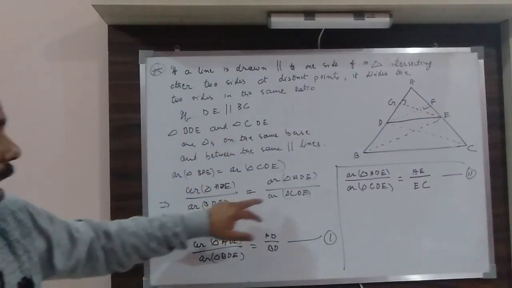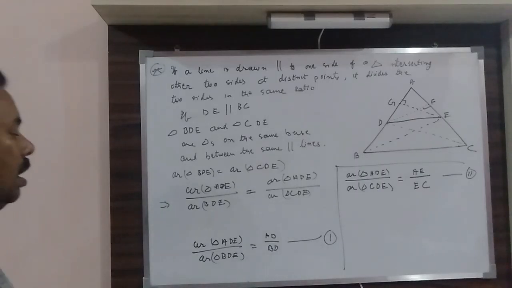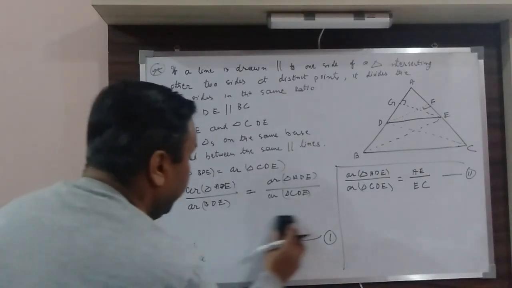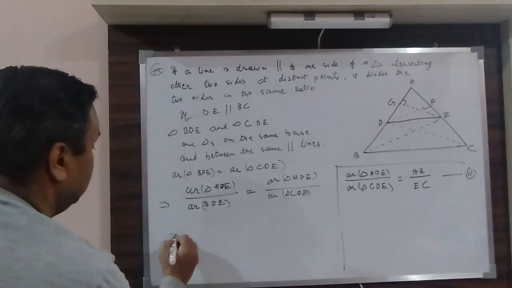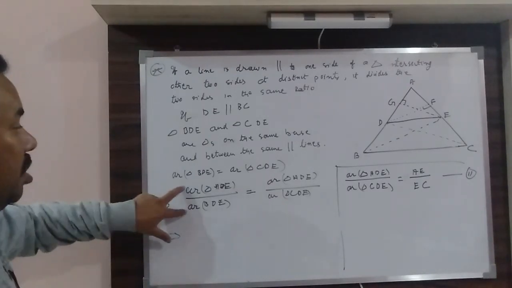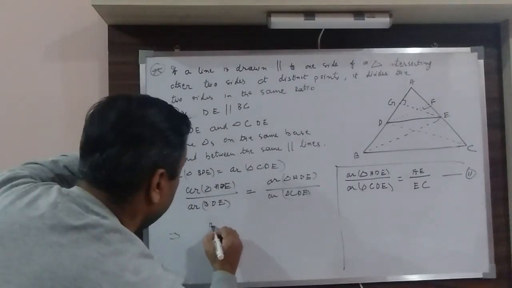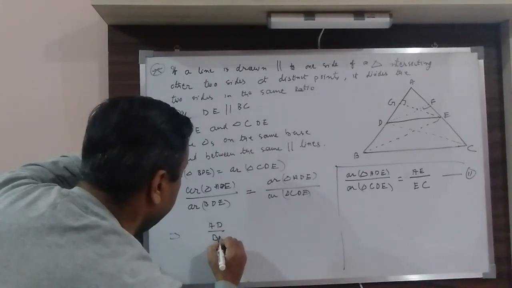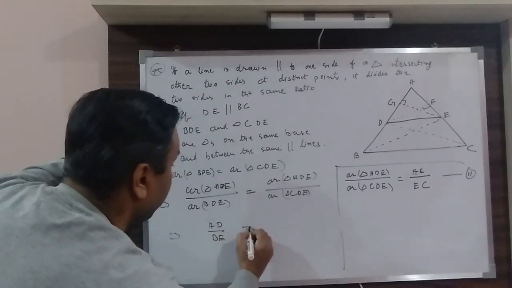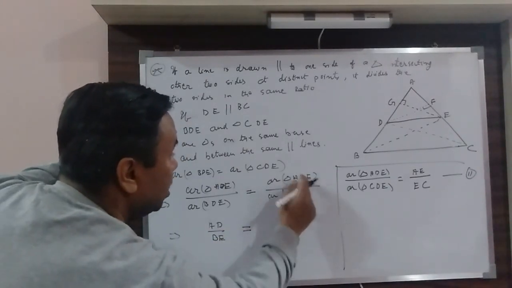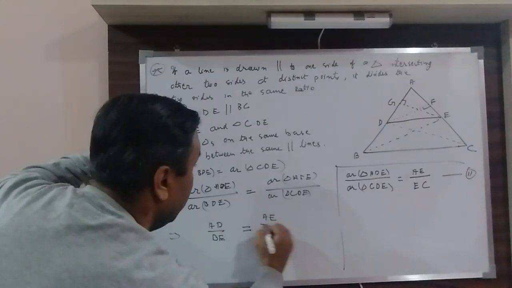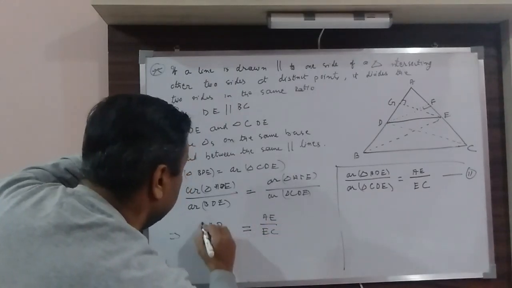And if these two are equal, then from equation 1 this is AD over BD, and from equation 2 this is AE over EC.